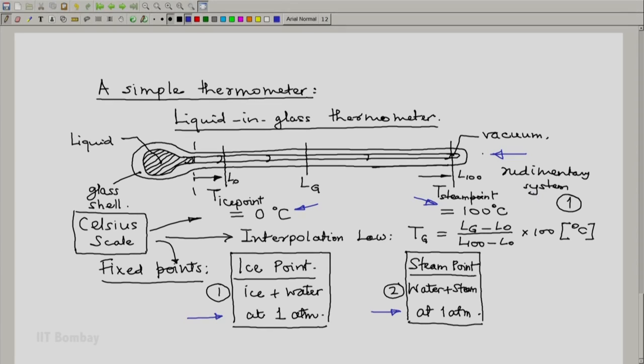And finally, for intermediate readings, we need an interpolation law, which would finally give us a method to assign the label of the isotherm on which the system, which is in equilibrium with the thermometer at its state Lg, lies. And this is the interpolation law which gives me my body temperature at say 36 degrees C or 37 degrees C. We will discuss more about thermometry and associated thermodynamic concepts soon after this.